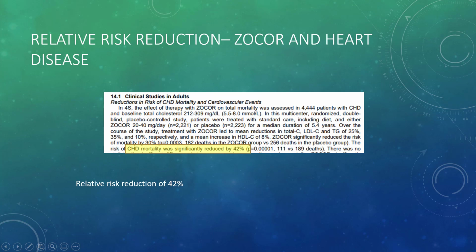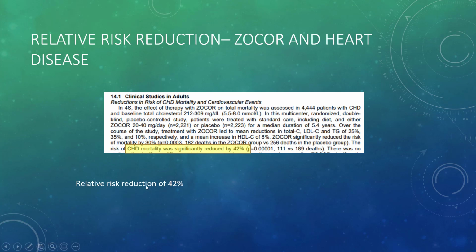Zocor significantly reduced the risk of mortality by 30%, and here's the p-value right here of 0.0003. There were 182 deaths in the Zocor group, so people did die, and I'm assuming of a heart-related disease, while on Zocor, versus 256 deaths in the placebo group.